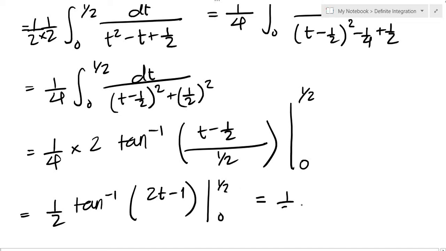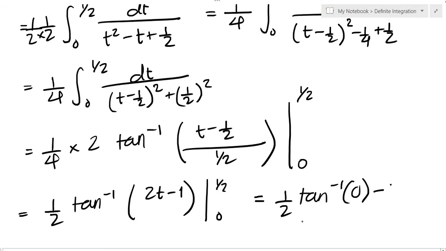Now let's plug in the half. So tan inverse of 2 times half is 1, 1 minus 1 is 0, minus half tan inverse of, well, when you put 0 this thing goes to 0 and then you just have the negative 1. Tan inverse of negative 1.